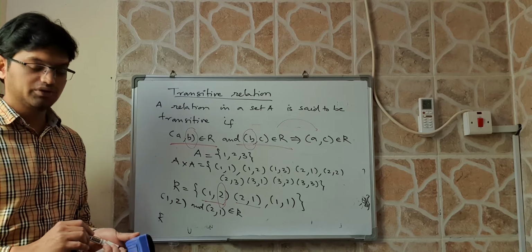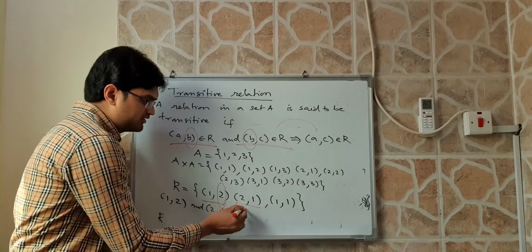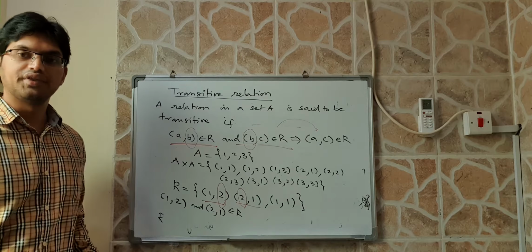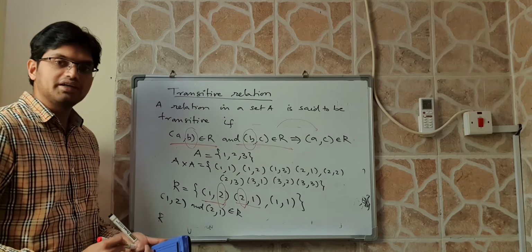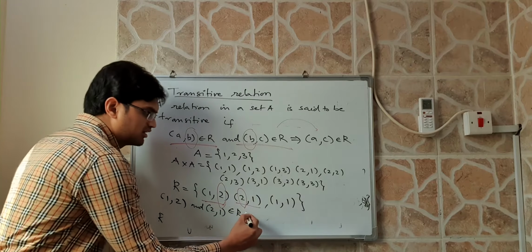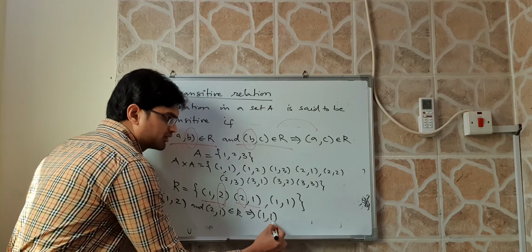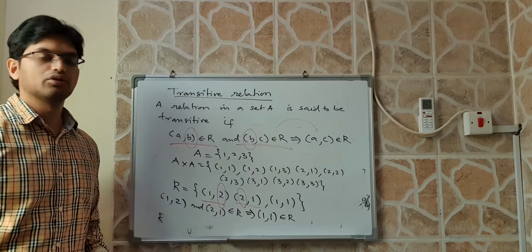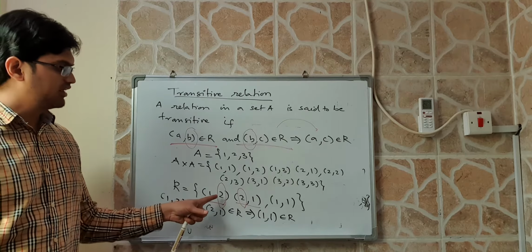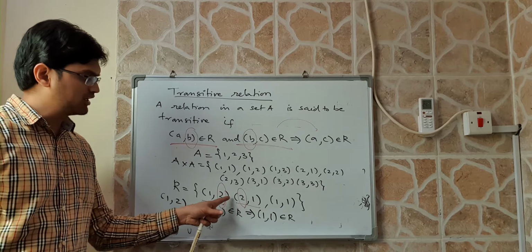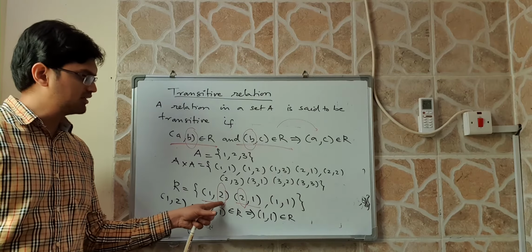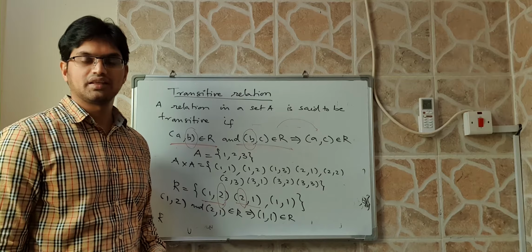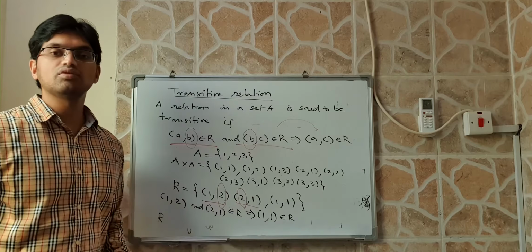You see, the second element is again related with some more element. That means it implies I'm also having 1 comma 1 which is there in R. So it is satisfying our condition. If you cancel this 2, then 1 comma 1 is also there in R. So this is one thing which I have checked.